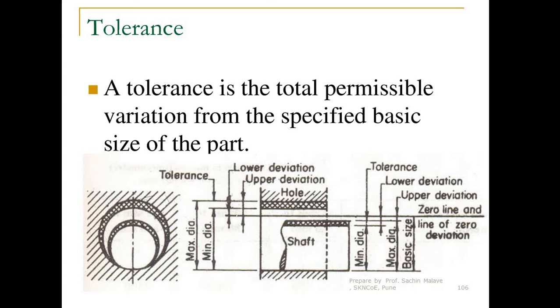This line is going to overlap here. That's why the distance between this line and the minimum size of the hole is going to be 0. That's why this lower deviation, which is referred to as the fundamental deviation of the hole, is going to be 0.